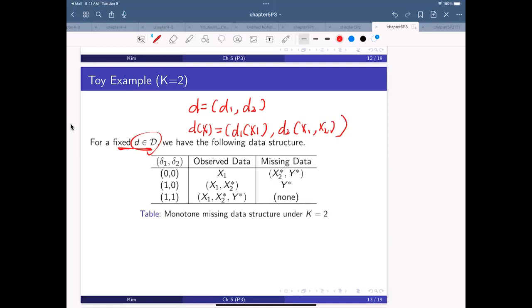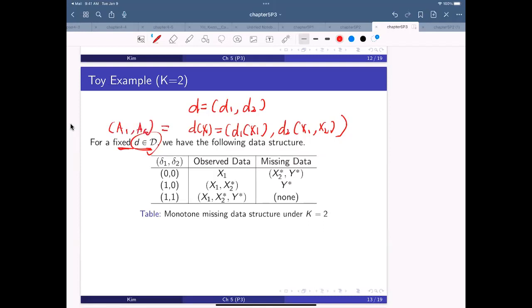I use the observed X and apply this function D and see whether this dx is consistent with my observed A1 and A2, right?